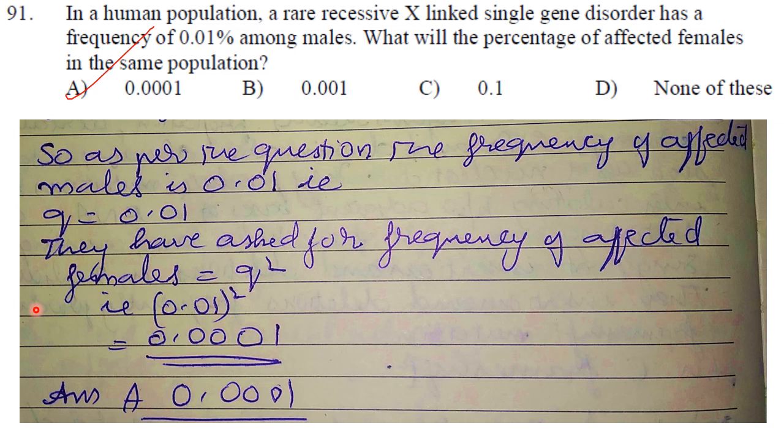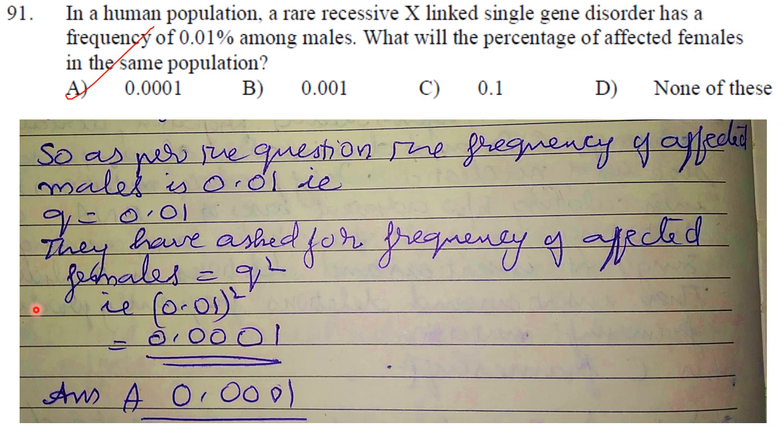So based on this concept, 2 inferences can be drawn. Since the male has only 1 X chromosome, the frequency of the X-linked allele in the population is equal to the frequency of affected males. As females have 2 X chromosomes, the probability of any female having the mutated allele in question on both the X chromosomes will be q square, where q is the frequency of the allele.